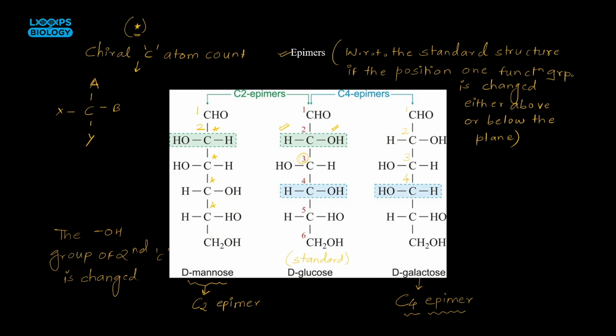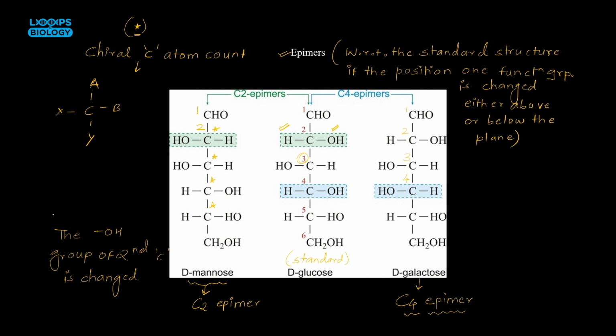This asterisk mark shows me the chiral carbon atoms which are bonded to 4 different groups, and that keeps the particular structure in an optical isomeric form.